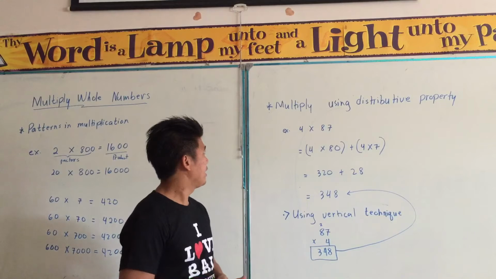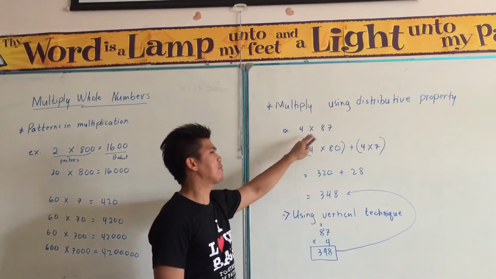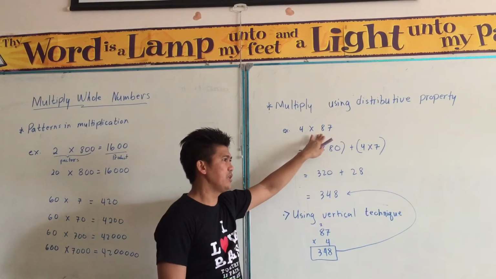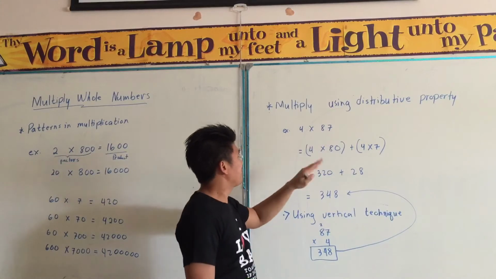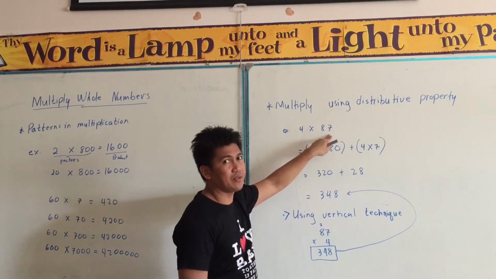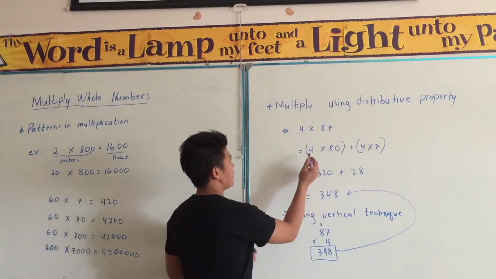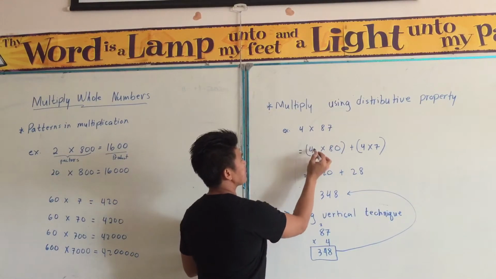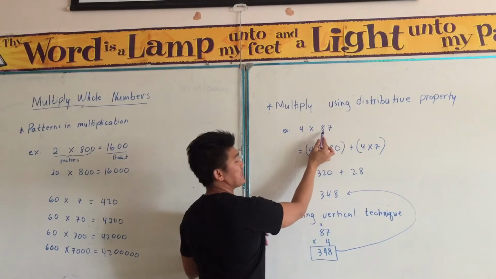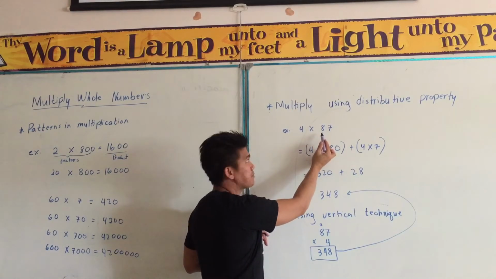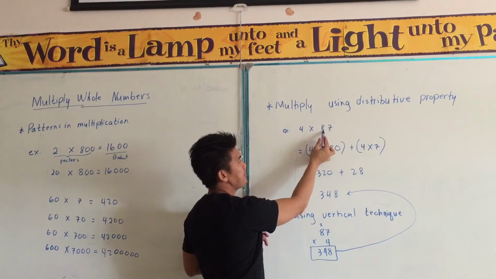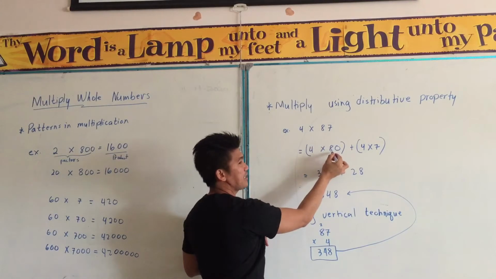Let's say for example 4 times 87. Distribute 4 to 8 and 7 by adding them. So you see, 4 times 80, because 8 is in the tens place. So 8 means 80. The place value of 8 is 80.